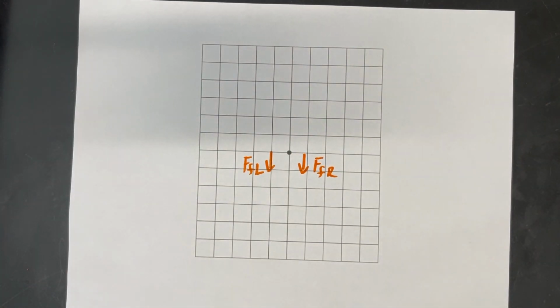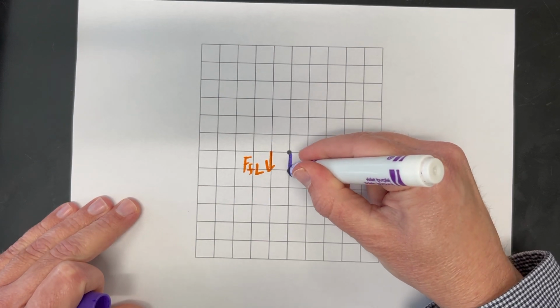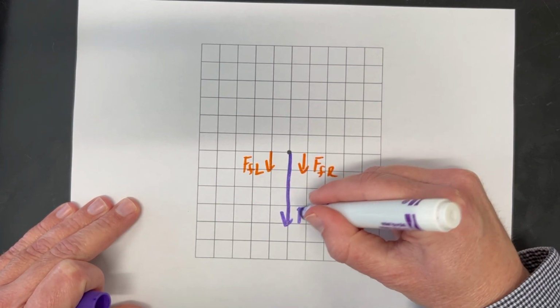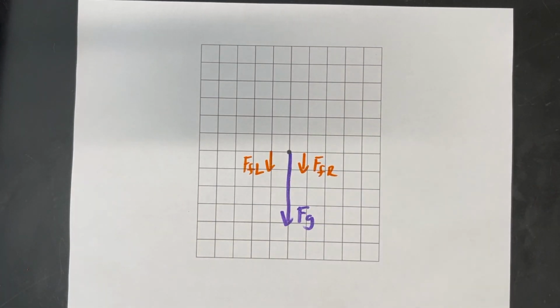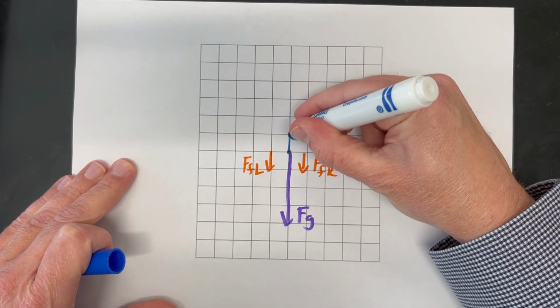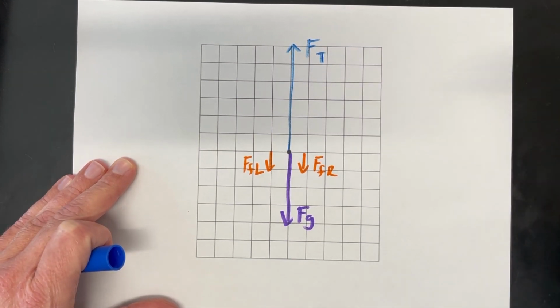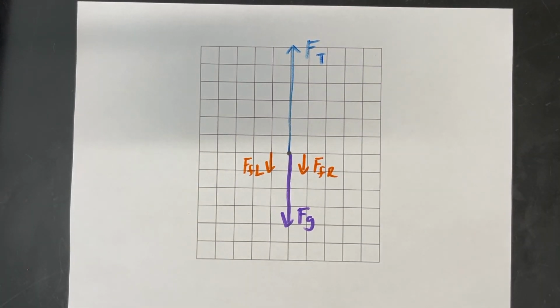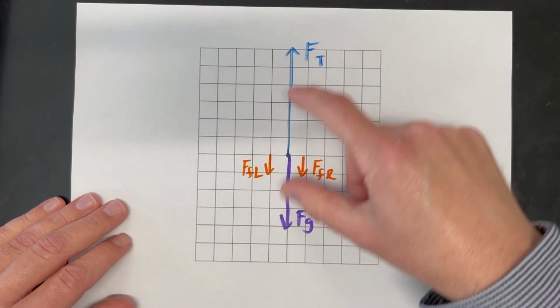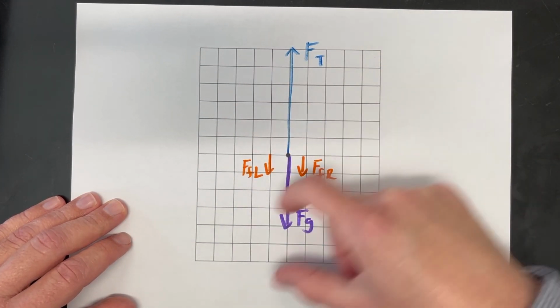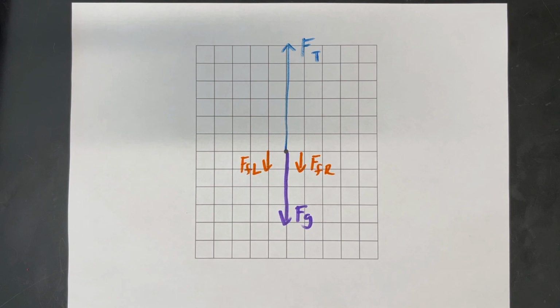And then we also have the force of gravity on the elevator car itself. And the last thing we have on it is the tension in the cable, so the force of tension acting up on it. And since it's accelerating up, I know that this one has to be bigger than all of these combined.